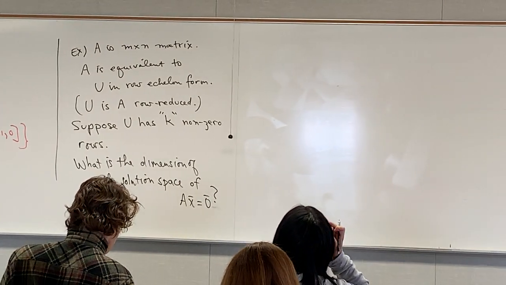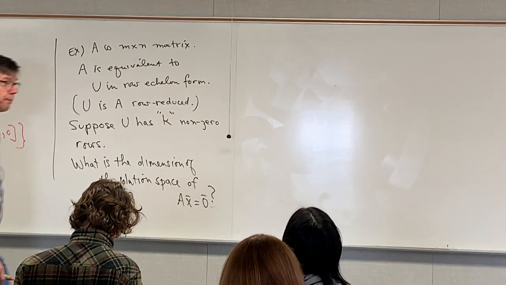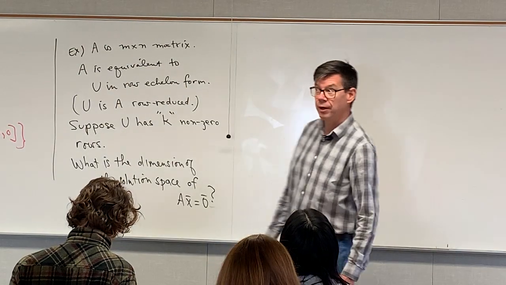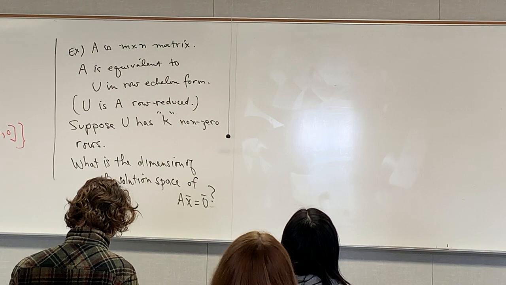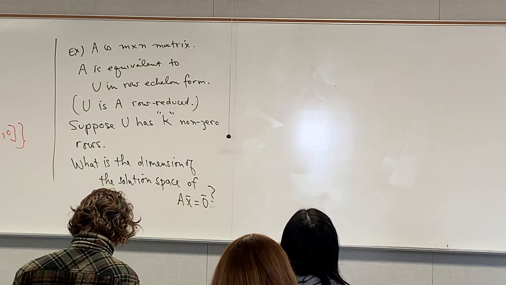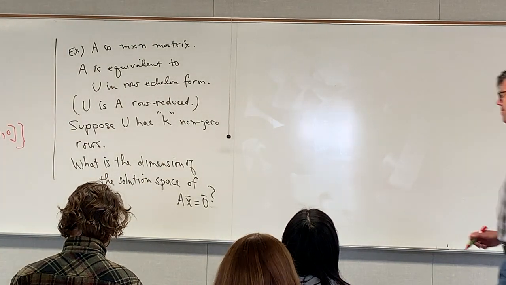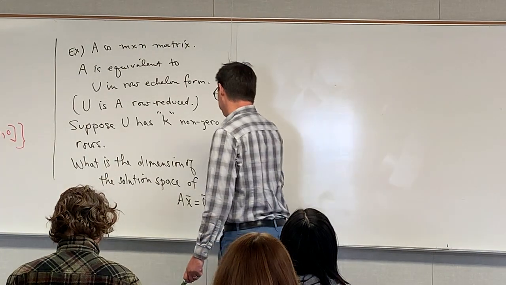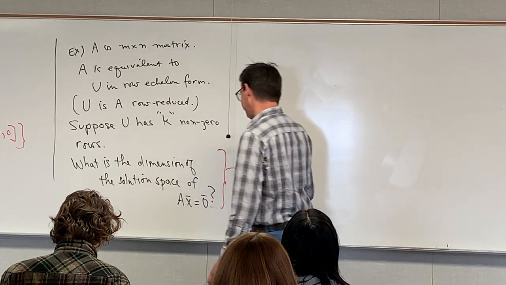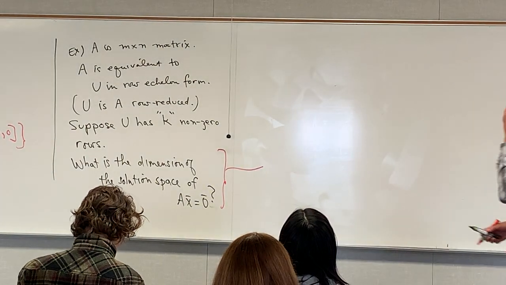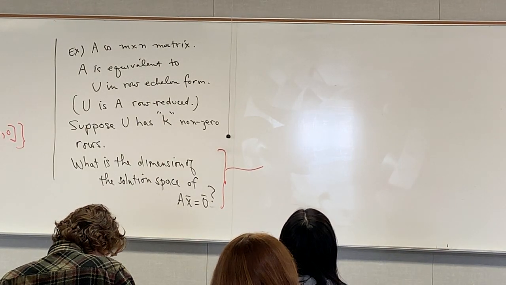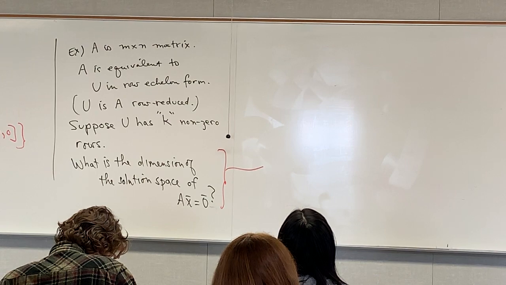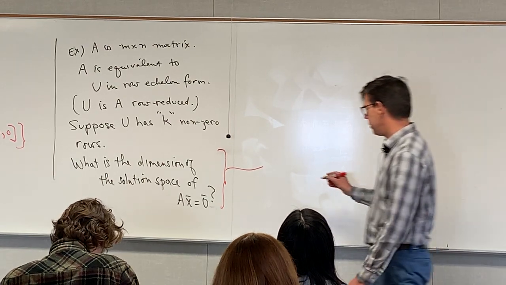Well, it's probably going to have an M, an N, or a K in it somewhere, right? It's not going to be an answer like 2 or 5. The dimension of the solution space of AX equals 0, what do we call that? Yeah, that's the dimension of the null space.